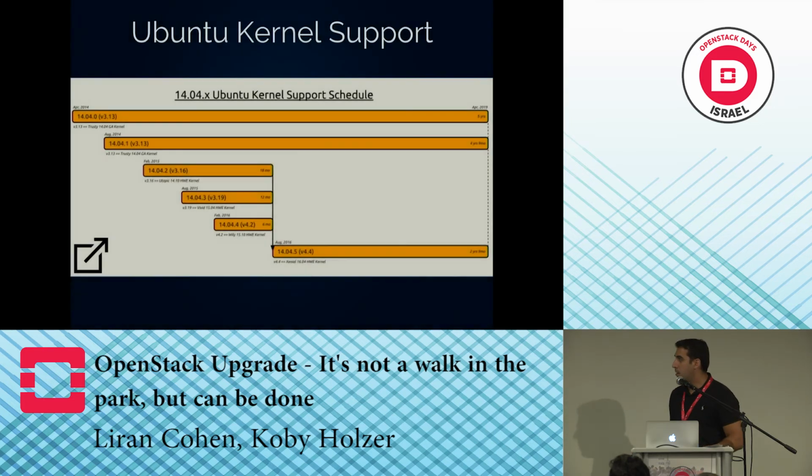To complete that, we should also select the right kernel, which is the LTS kernel available for us on each OS version. And the idea to choose the right kernel is to save some unnecessary kernel upgrades during the operation of your cloud in production.